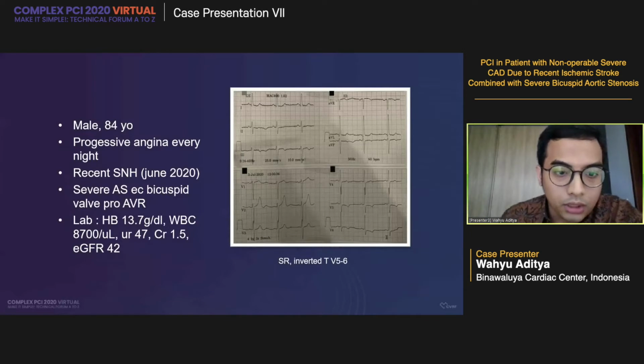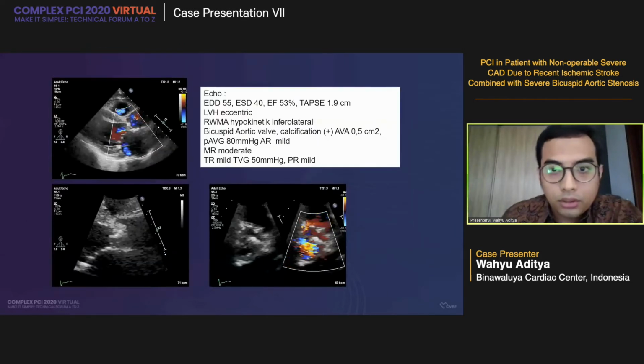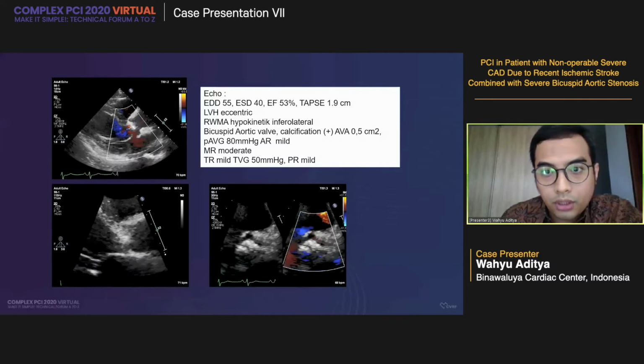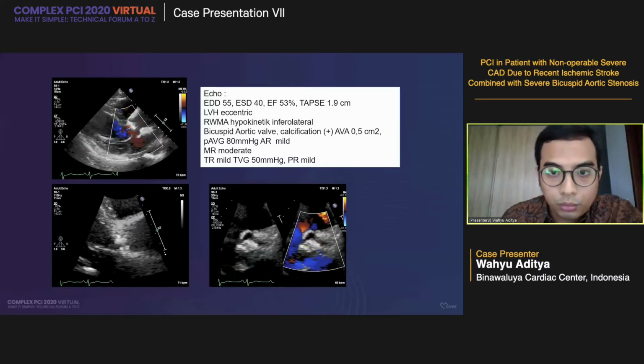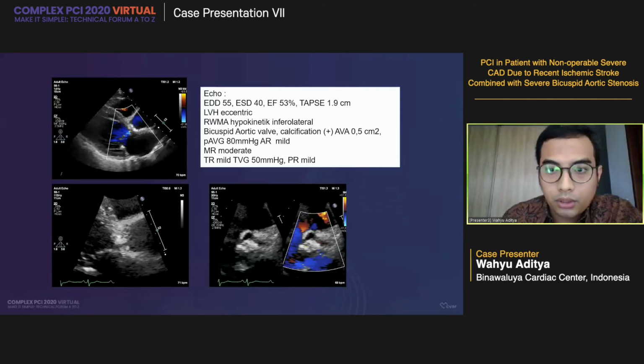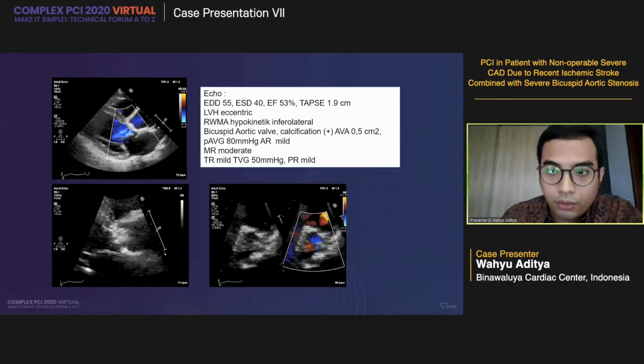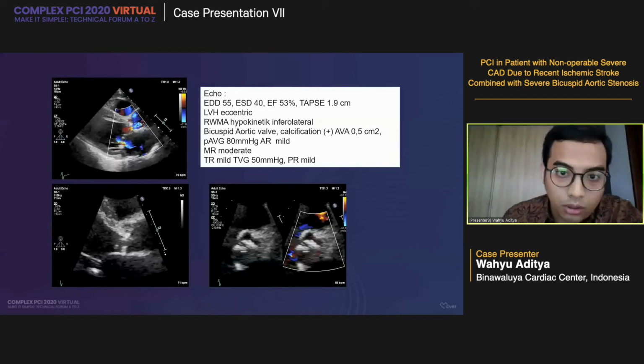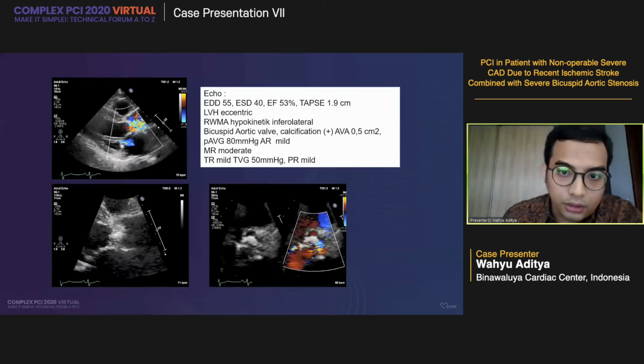The lab showed impaired kidney function with creatinine 1.5 and eGFR 42. The echo revealed ejection fraction 53% with a calcified bicuspid aortic valve. Valve area is 0.5 square centimeters and the gradient is 80 millimeters of mercury.